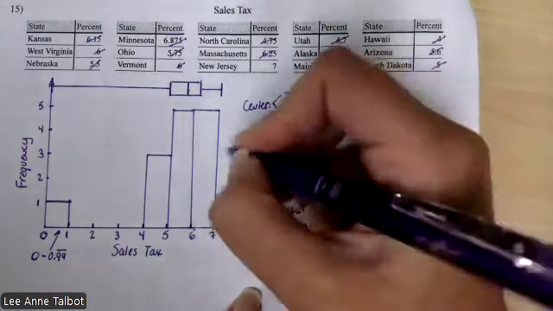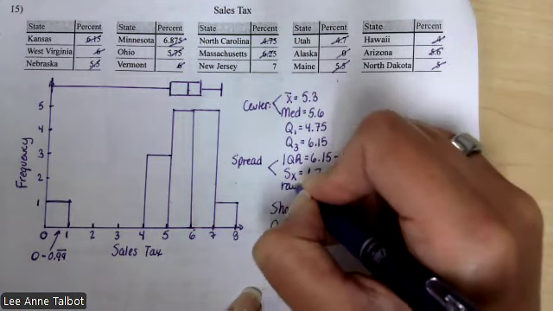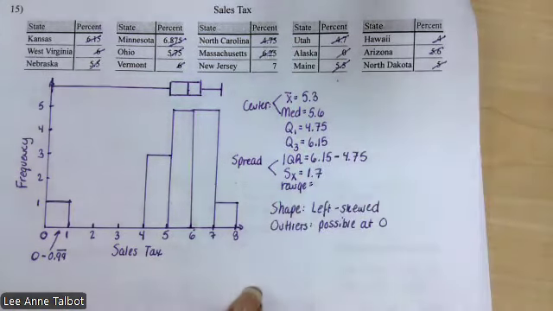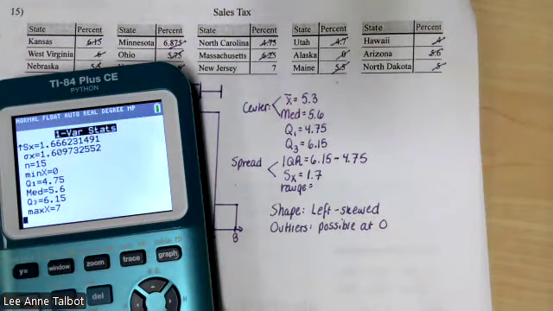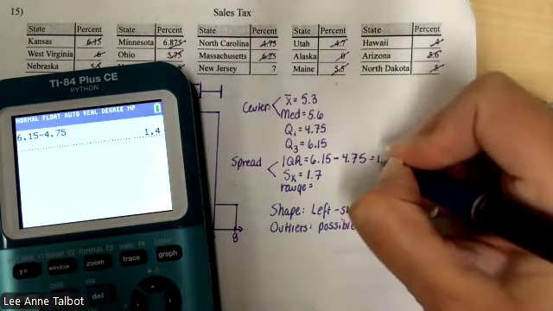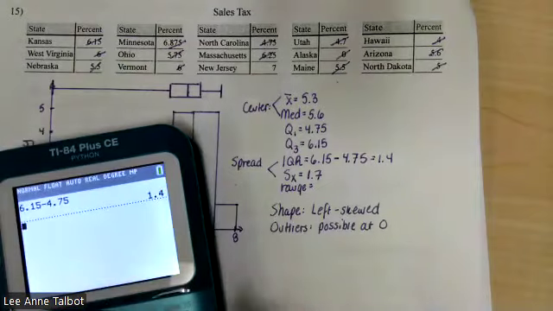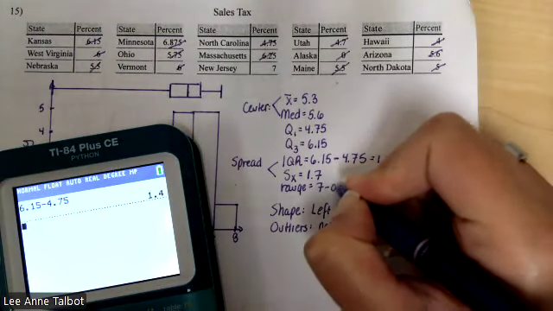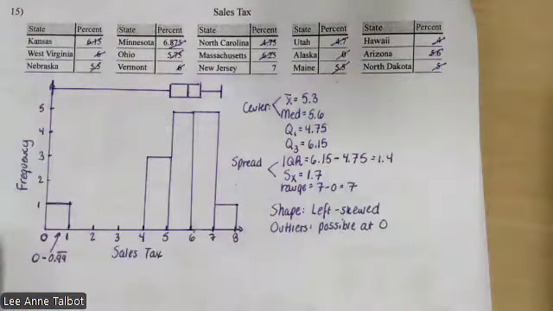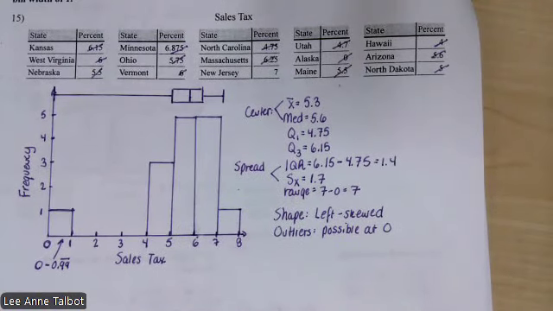And then these two are the measures of spread, except for we didn't do the range. I also didn't do the math on 6.15 minus 4.75. And then the range was max minus min, which was 7 minus 0 equals 7.